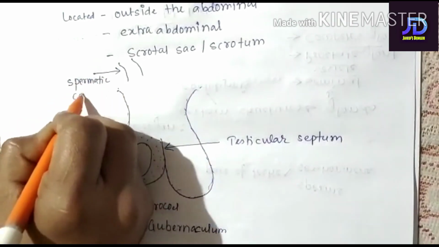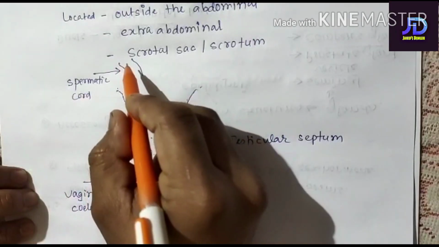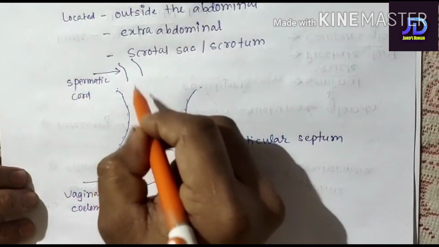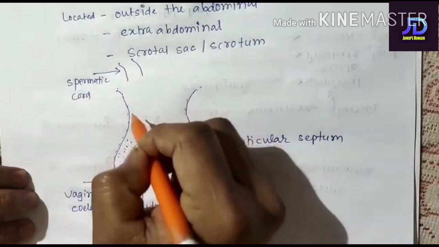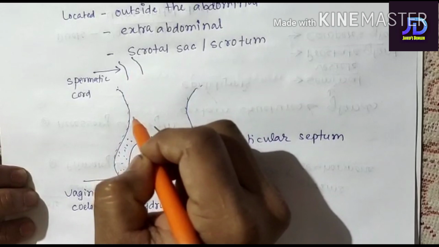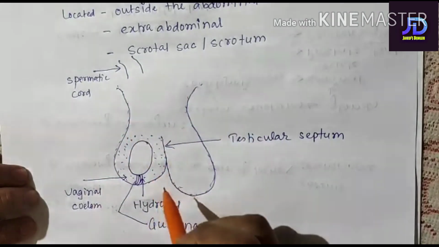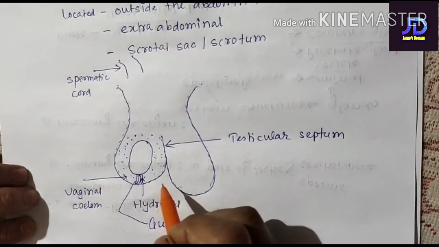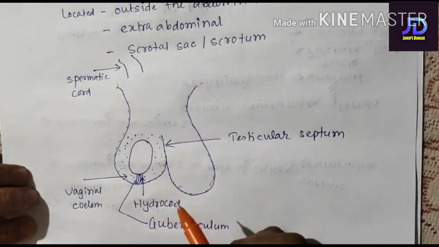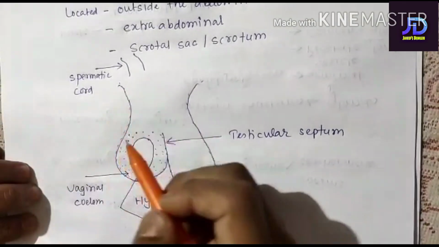Through this spermatic cord, the veins, the arteries, and the vas deferens are coming. If you are asked how the testes are fixed in the scrotum, you will have to say there are two structures: the gubernaculum and the spermatic cord.